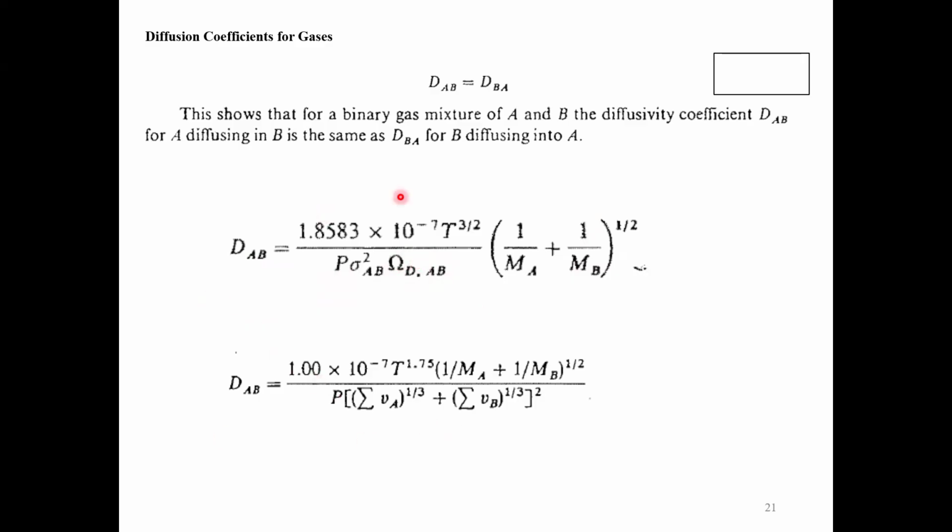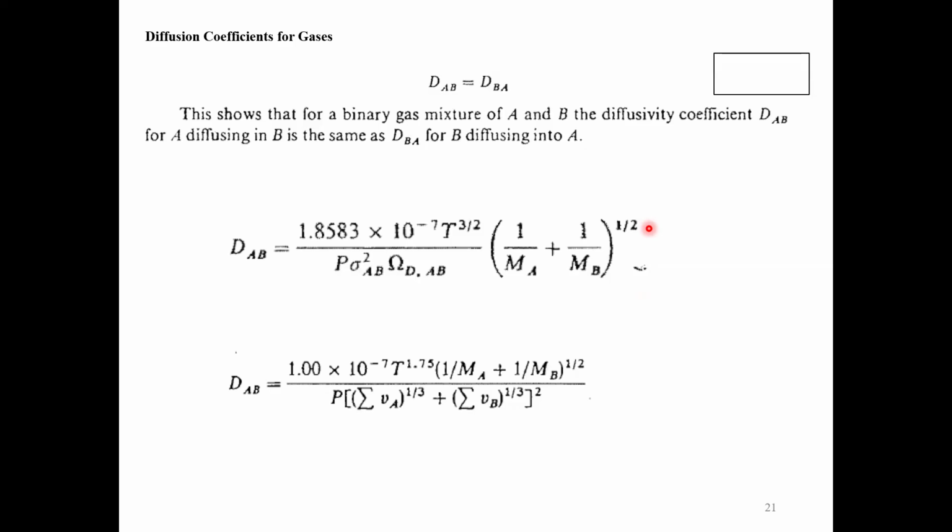Okay, so there is another form. I think this is called a Chapman-Enskog form, or there is another form given by Fuller et al., which utilizes atomic volumes. So there are expressions with which you can calculate DAB, semi-empirical formulas.